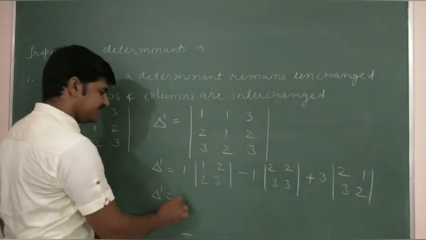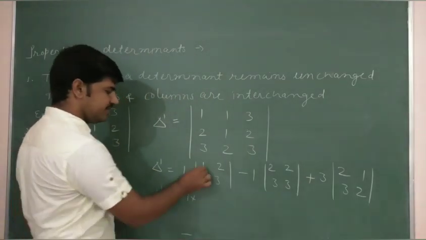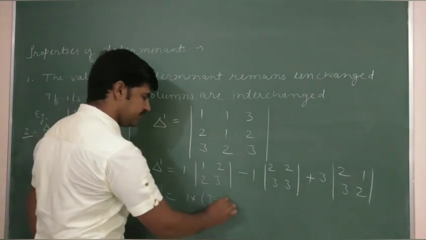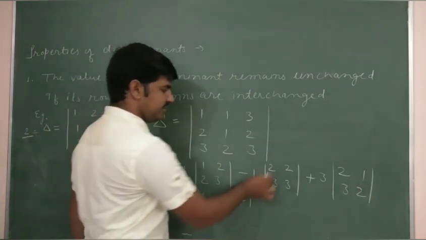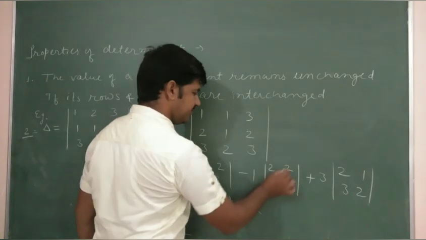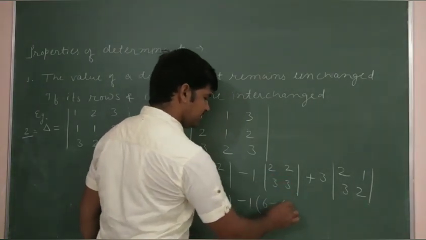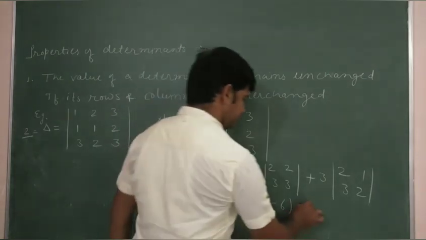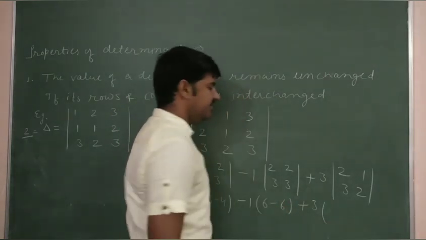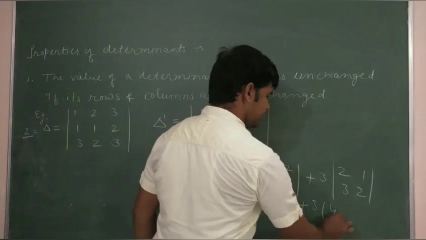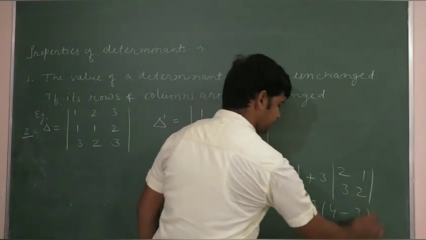We get del dash is equal to 1 times (3 minus 4), and then minus 1 times (6 minus 6), and then plus 3 times (4 minus 3).